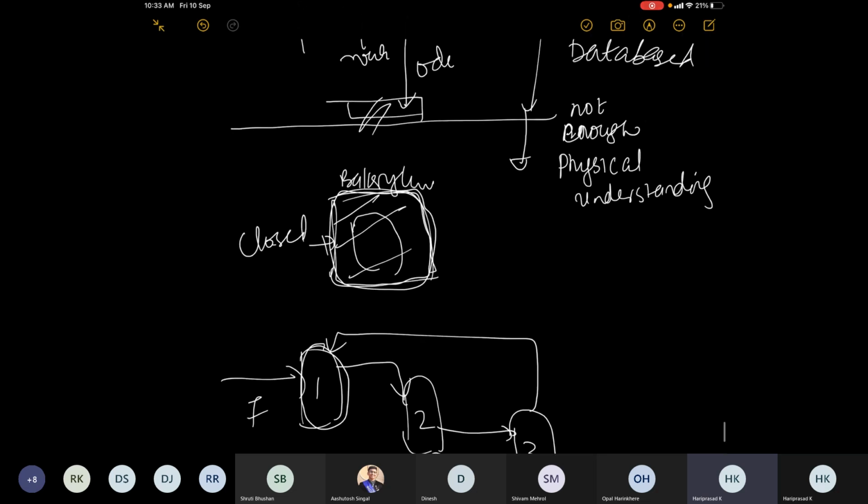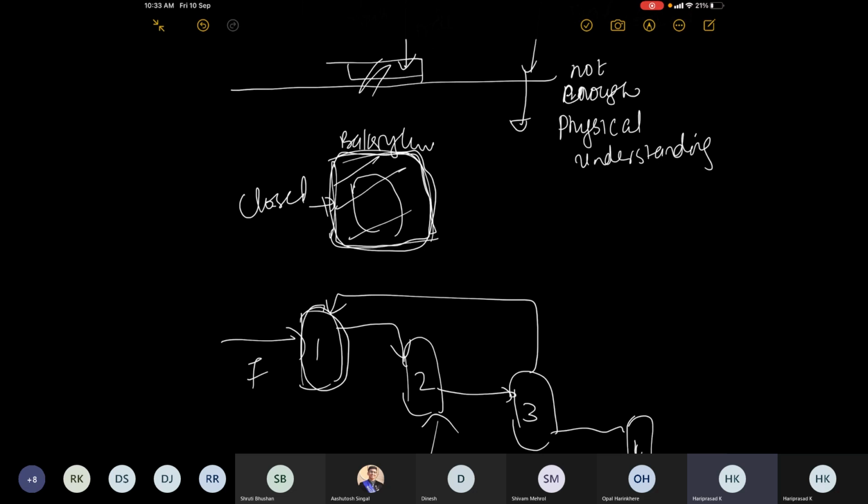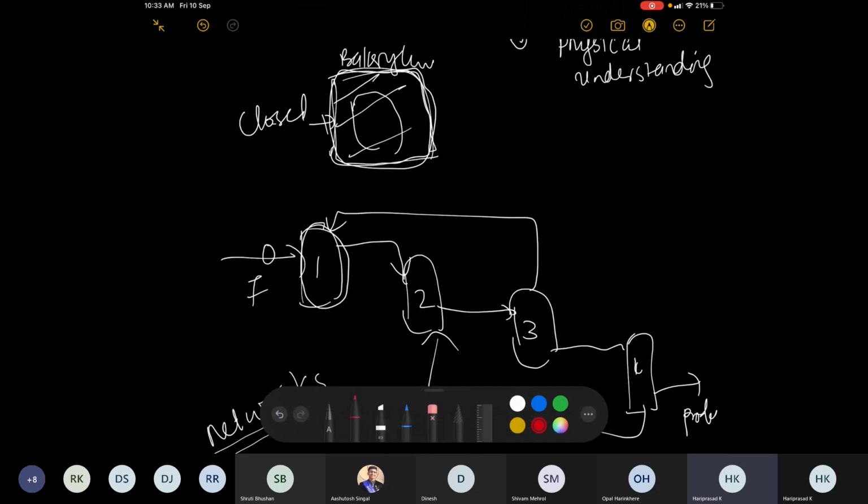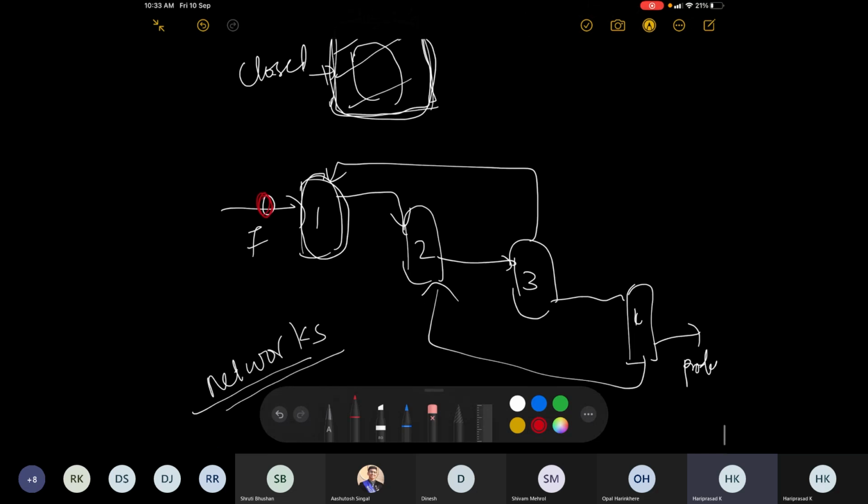So what will we do in this condition? You could also develop a model. Let's say you have enough sensors kept over here. This is sensor 1. Whatever I am marking in red, assume there are sensors, a lot of sensors here.